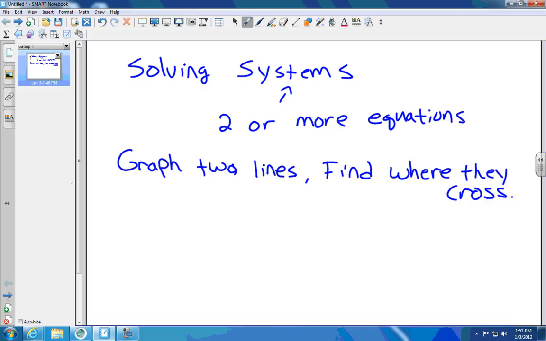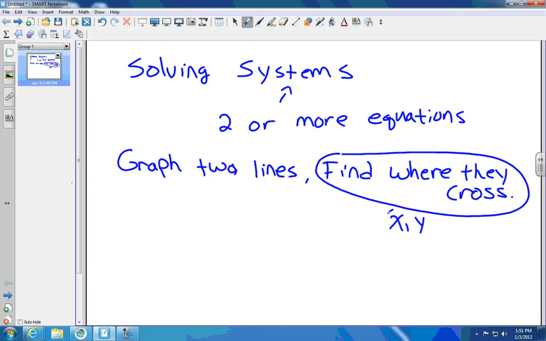Graph two lines, find where they cross. This is your answer. It's an ordered pair, x, y, so it might be 3, 2. It might be the point 3, 2. That's where the two lines cross. That's going to be your answer for most of the chapter. Where do the two lines cross?